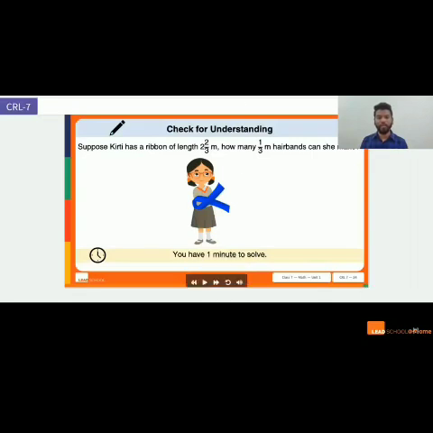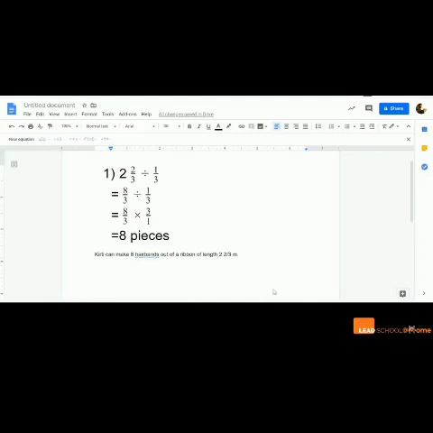Okay. Now, we are going to see the solution on the screen. So I'll be sharing the answer on the screen. You will have 30 seconds to check your answers. So what we basically did here is we took the mixed fractions and converted them to improper fractions first.